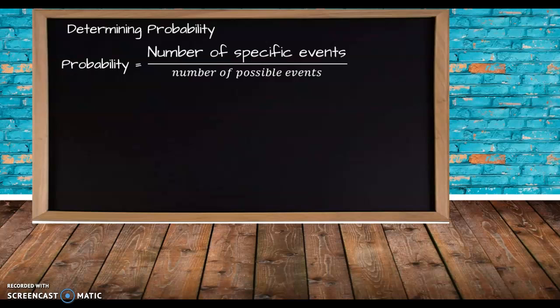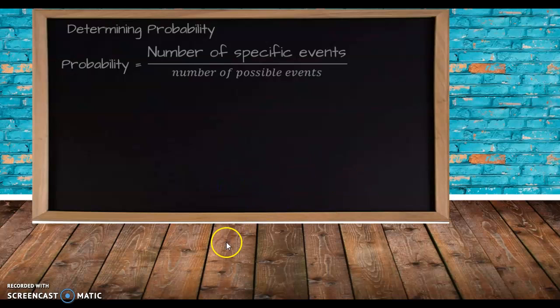For determining the probability, we have to know, for one, the number of specific events that we're looking for. In this case, we're looking for how many cases of dimples we can get. And we put that over the number of possible events. So how many are possible?